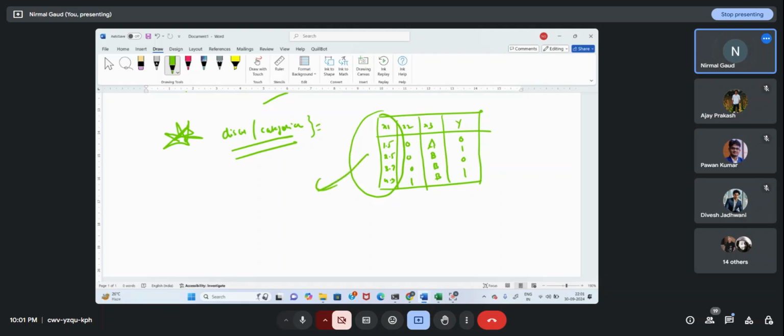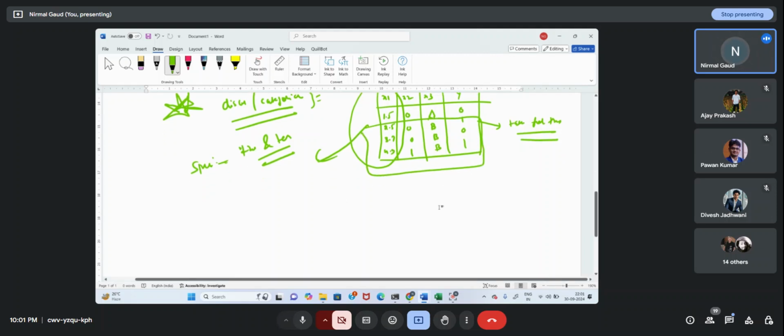Why? Because if you take this data for model training, you have to split it into train and test. Now what will happen if you split this data into training and testing? For example, I took this data for the training.